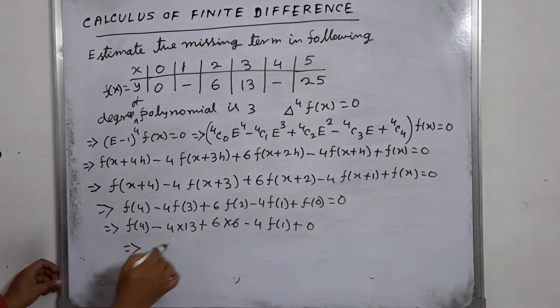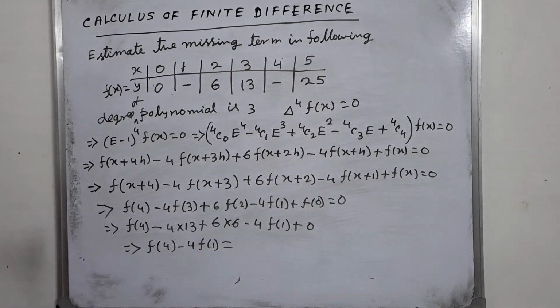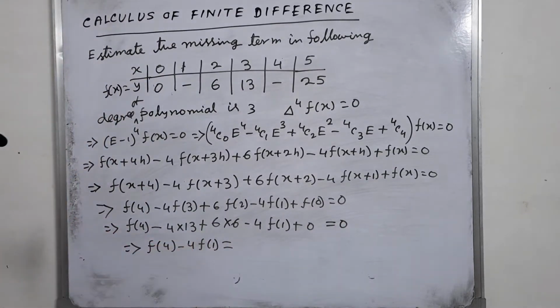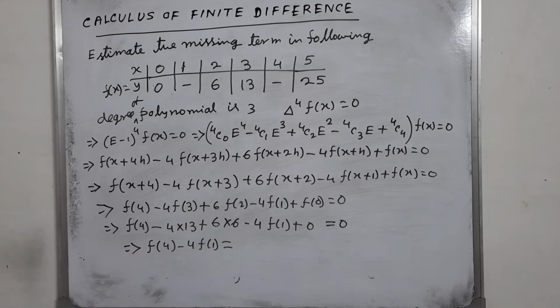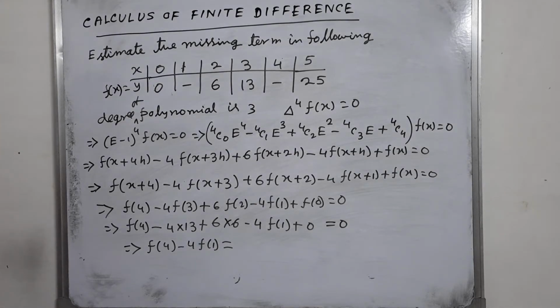So by this calculation, f4 minus 4f1 is equal to 6 into 6, 36, minus 4 into 13, 52. So minus 52 plus 36 is equal to minus 16.